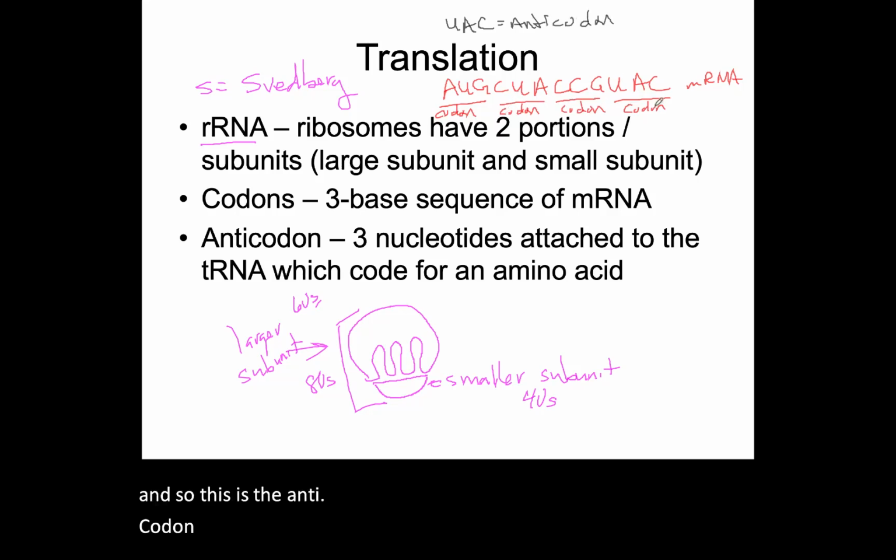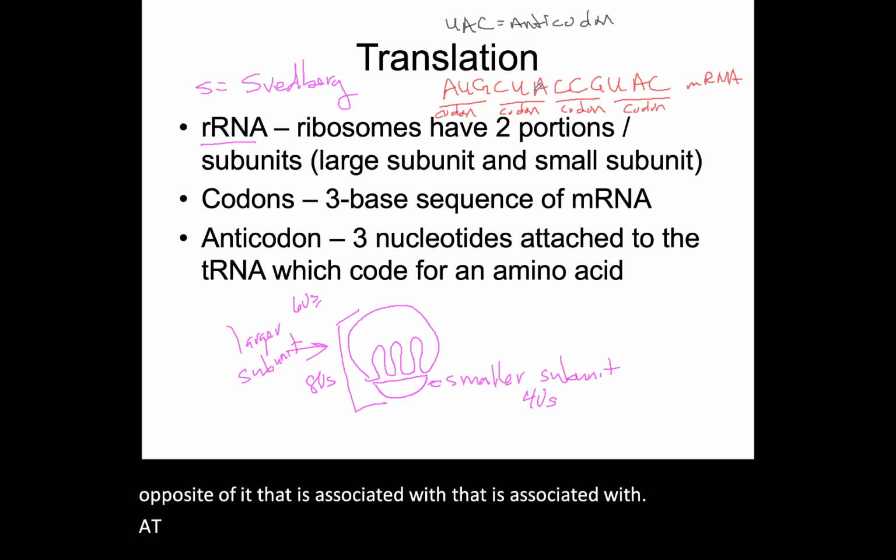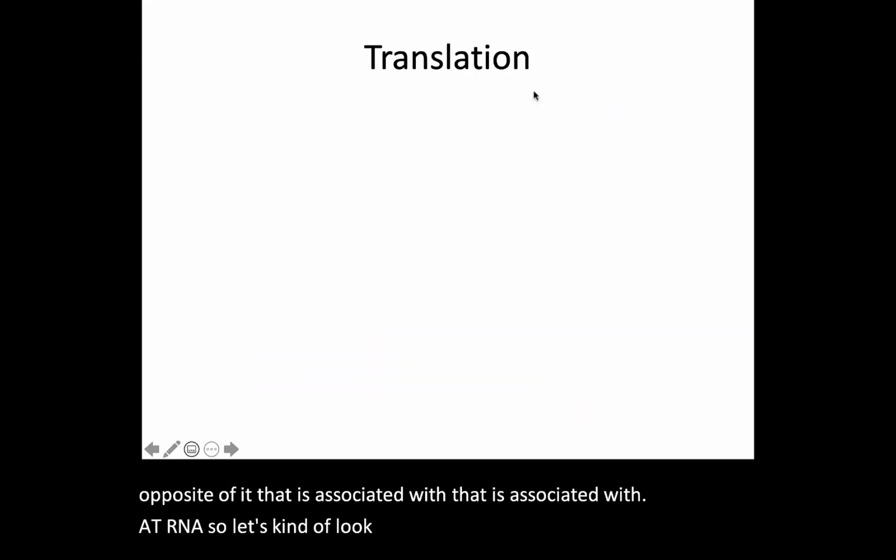Each of these codons is going to have an anticodon that is opposite of it, that is associated with a tRNA. Right? So let's look at how this all plays out.